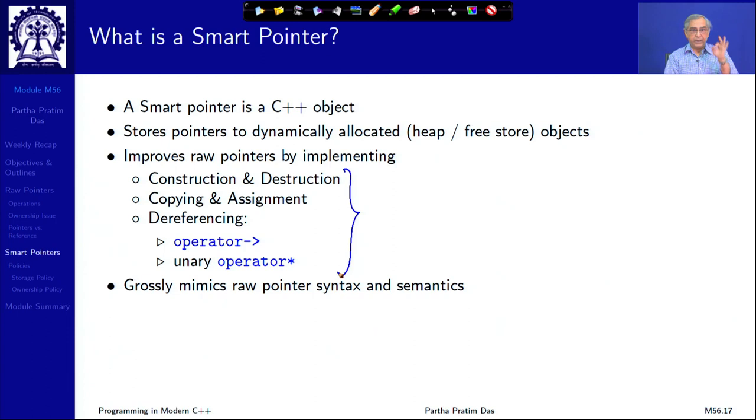If it has move, then in the move operators and so on. But grossly, it must mimic the raw pointer syntax and semantics. That is the basic idea. We will see that the earlier existing code also has to work if I change the raw pointer to a smart pointer.